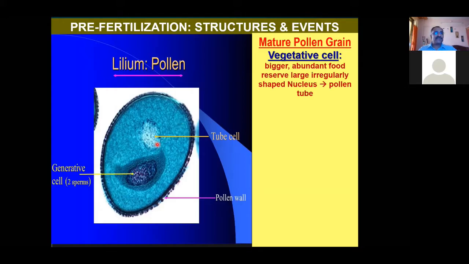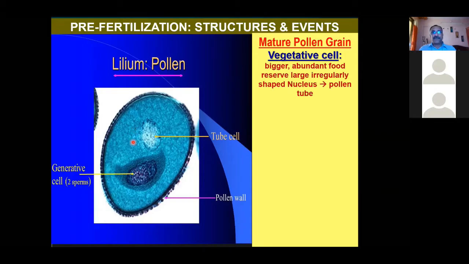Now, let us see one after the other. What are the characteristics of this cell? Two cells are there here. One is smaller and this is larger. The first point is that this is bigger. Another thing is that it is full of cytoplasm.